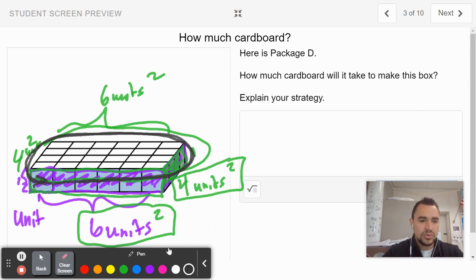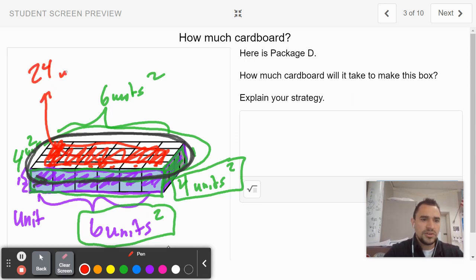But now we've got to figure out what this area is, this surface area. So that's 1, 2, 3, 4. So that's 4. And then 1, 2, 3, 4, 5, 6. So this entire red is going to be 24 units squared. And that means we have to do the bottom of it too.